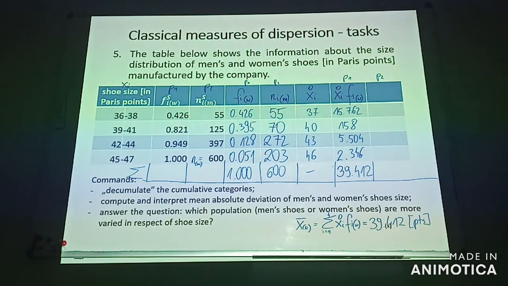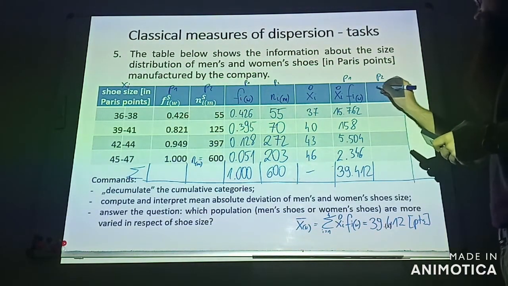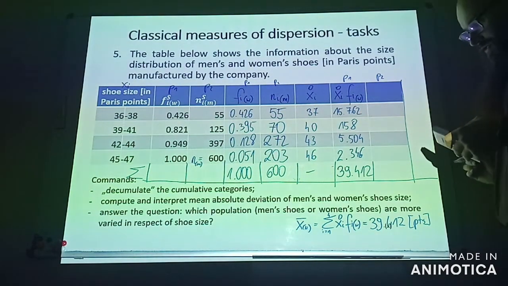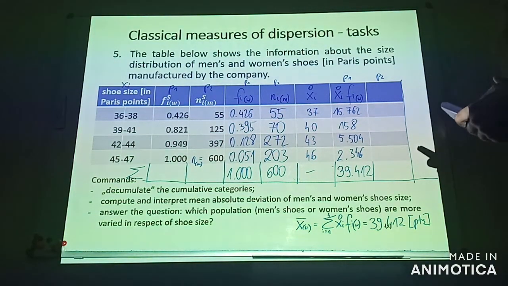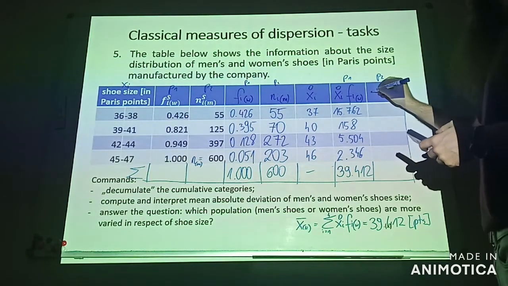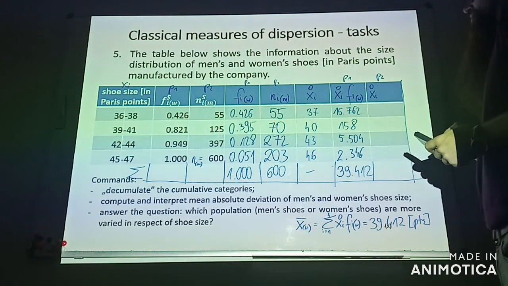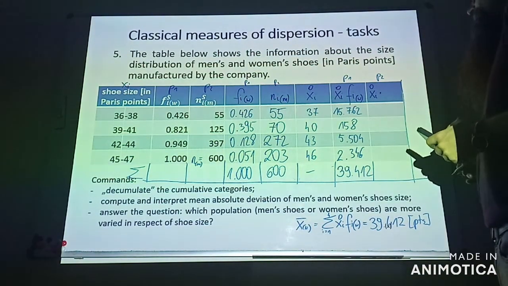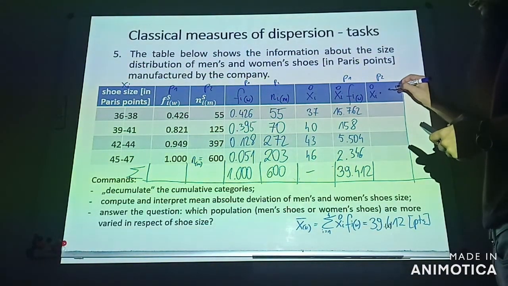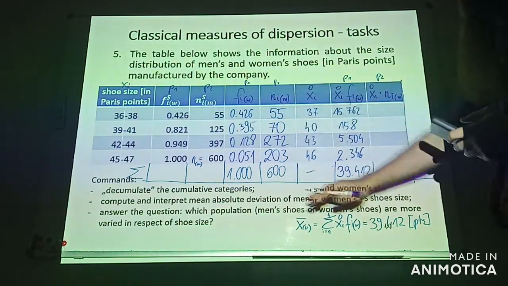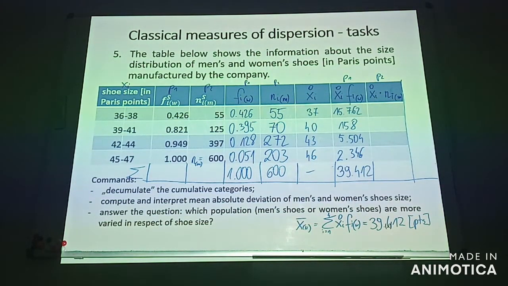And now it's time to compute the average men's shoe size. For this purpose, I'm going to multiply the middle of the classes and the frequencies, yeah, connected with the men's data.